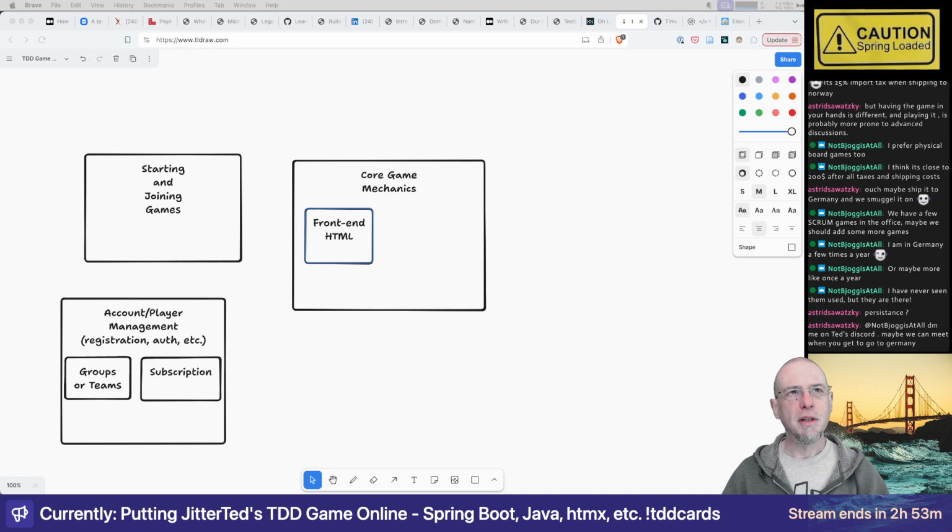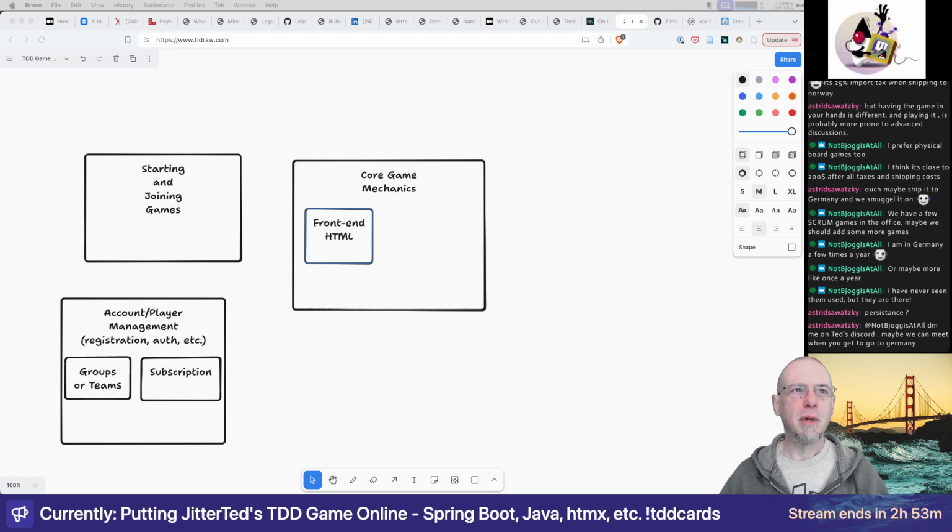There's already a project by Thomas, and I'm not sure how to pronounce his last name. Is it Shuli? So he has this thing called Spring View Component.